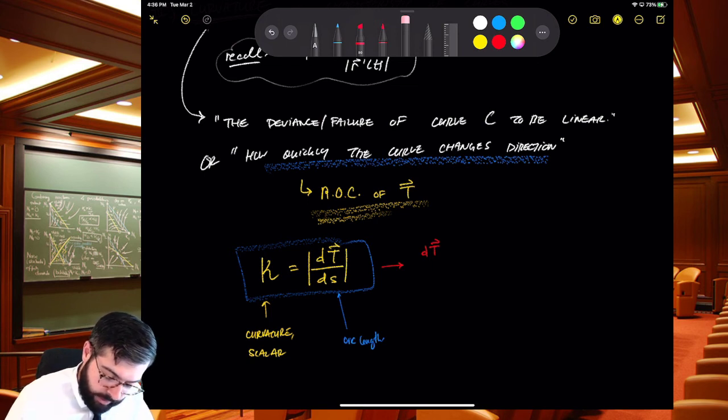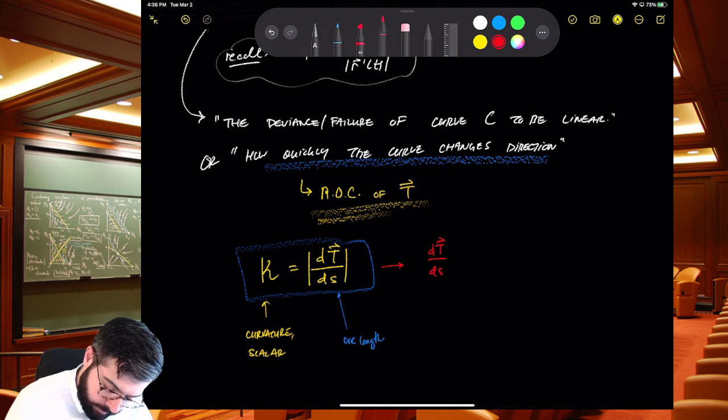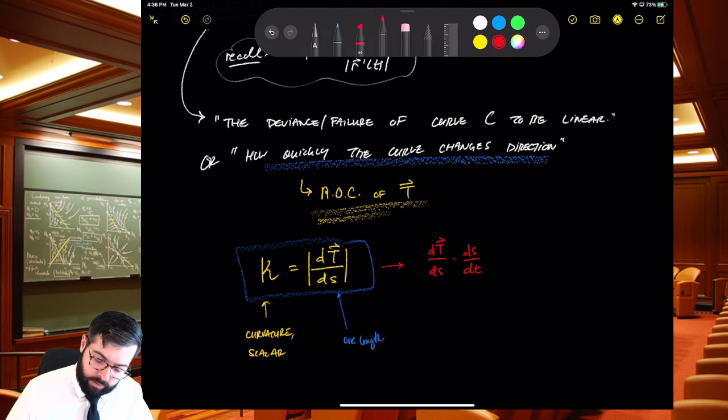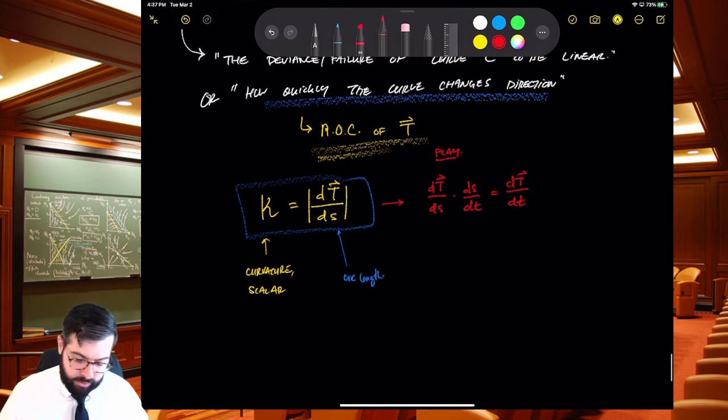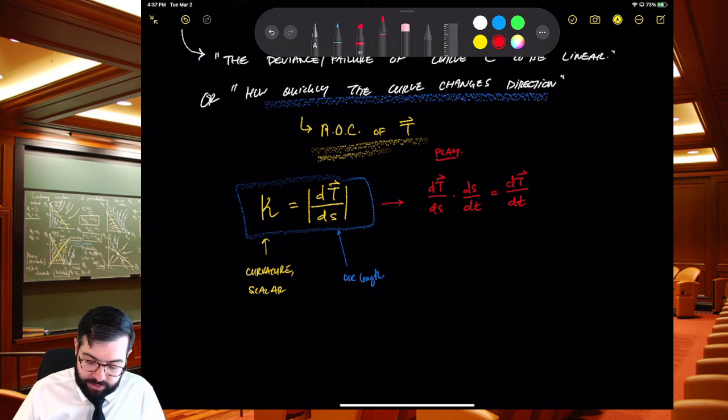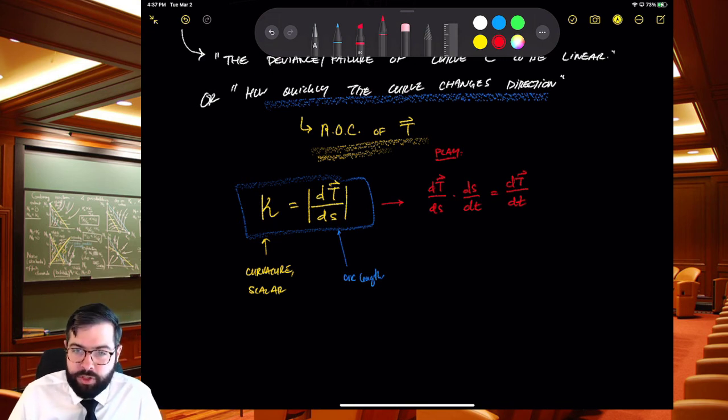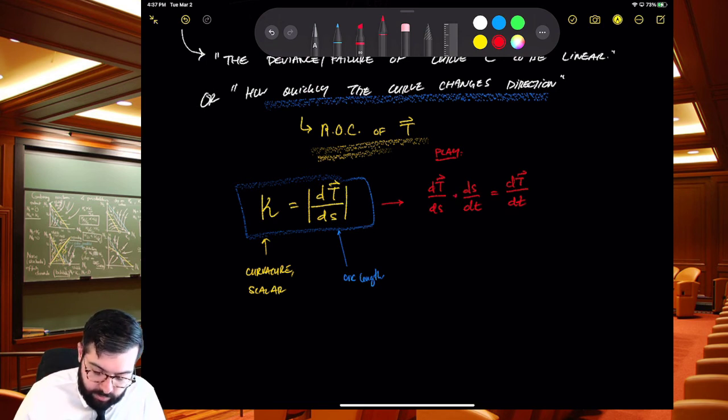If we play with the chain rule a little bit here, we can notice that this is really, so let's just say I'm playing with some stuff over here. So if I take that dT/ds, remember the chain rule can be written in this way.